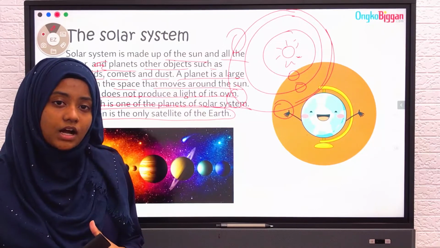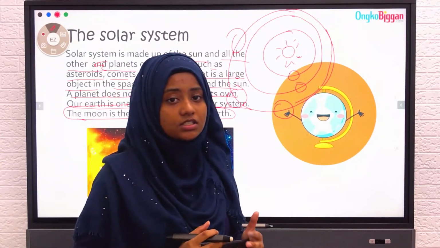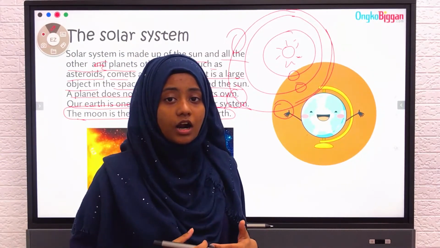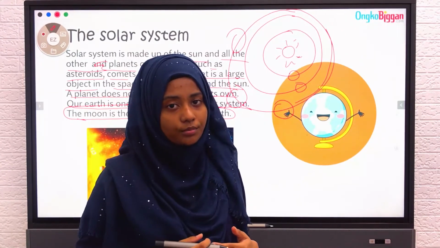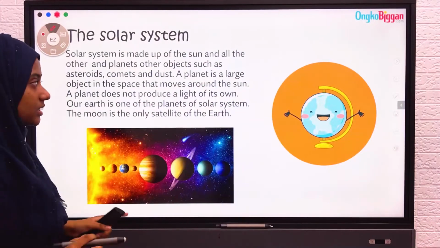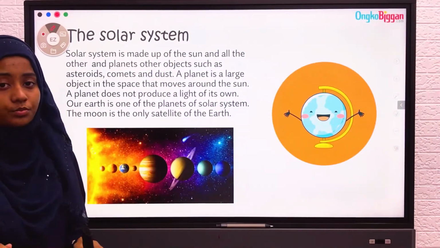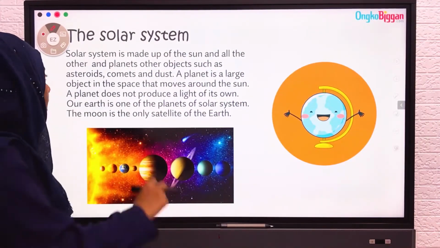Now we might ask a question: how many days does it take the Earth to go around? Our Earth needs 365 days to go around its orbit. Now let us discuss again the important parts that we should memorize.